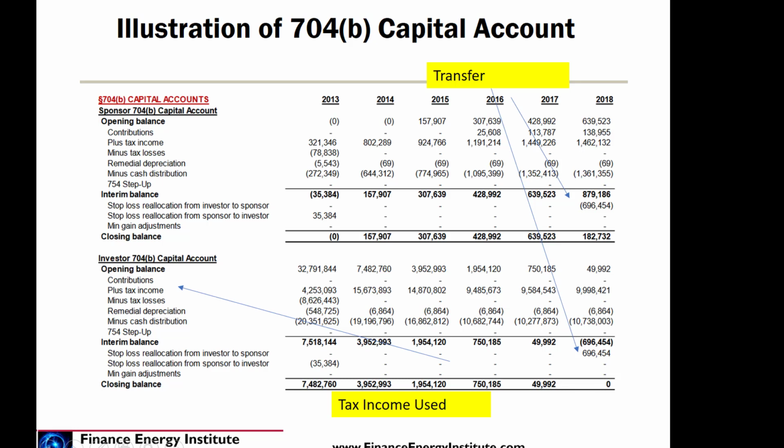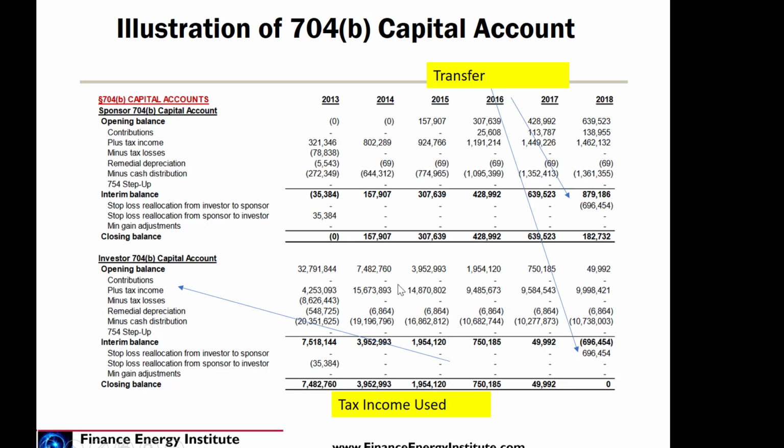Everybody uses different words, and in this case, the account went negative out here. It was negative for this one. And when it went negative, you took some income from the sponsor and reallocated that. So this is the bad news for the tax investor.